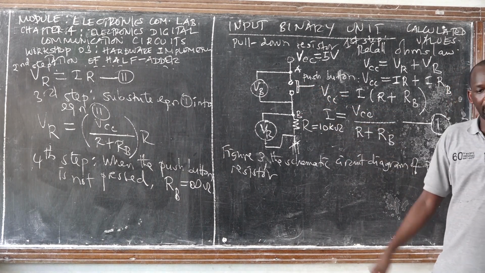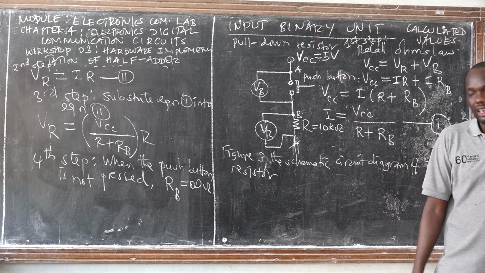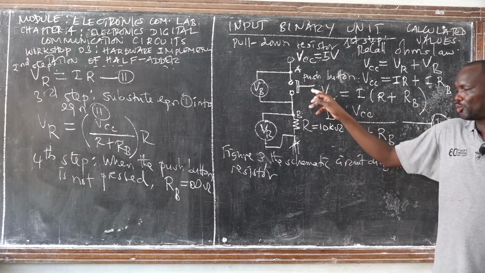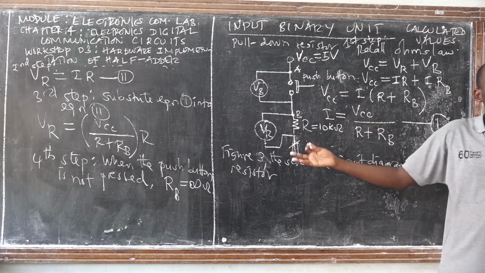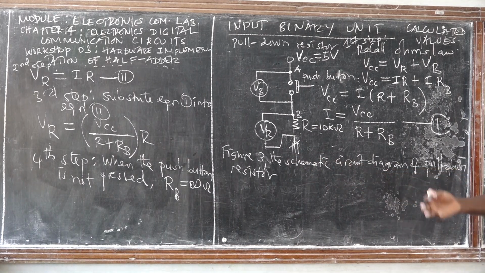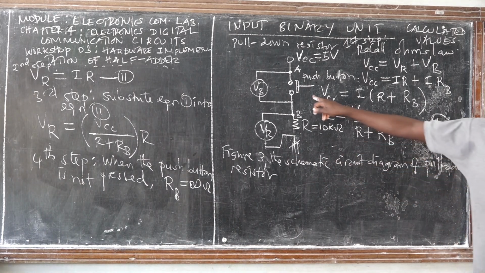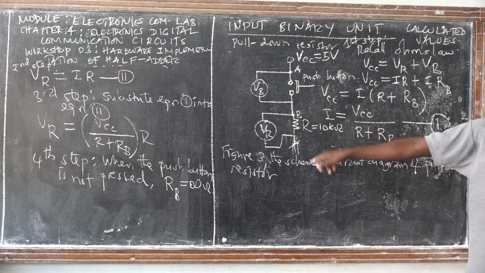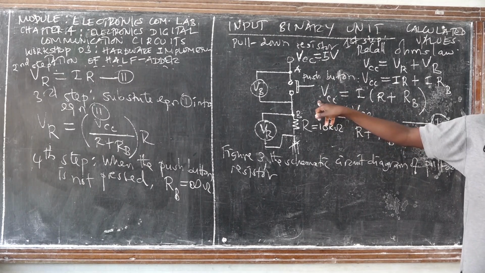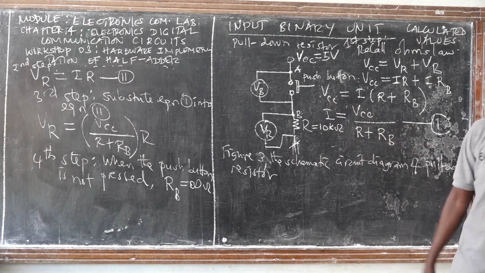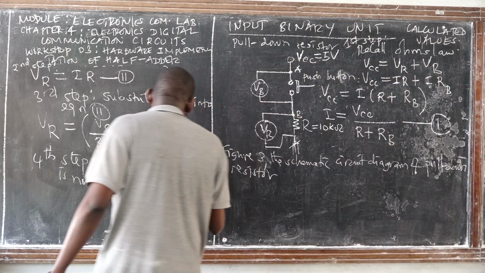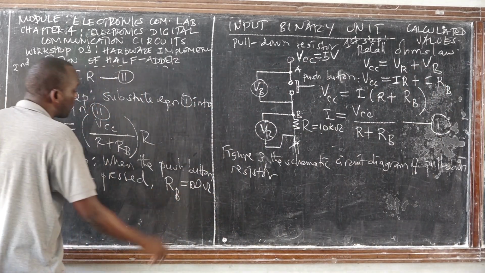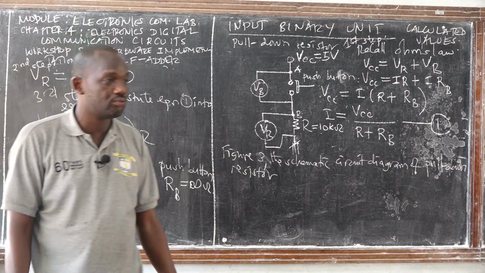If the push button is not pressed, there is no flow of current, because of the infinite resistance of the push button. This is not a closed loop. This is open. So when the push button is not pressed, the resistance of the push button is infinity ohm.